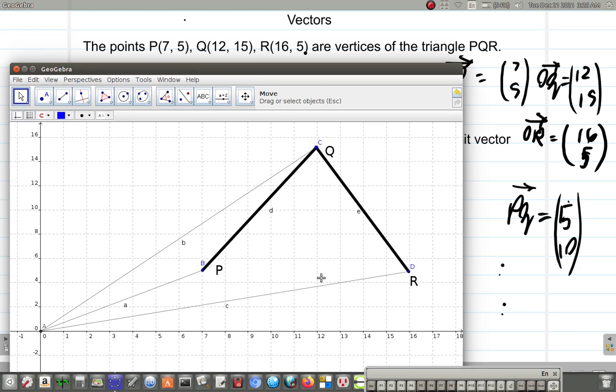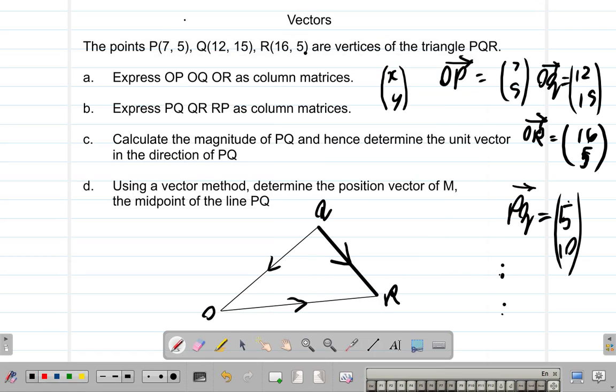You can see going from Q to R, you could have said you're going across 1, 2, 3, 4. It's 4 to the right, and 1, 2, 3, 4, 5, 6, 7, 8, 9, 10 down. It looks like 4, 10. But let's see what will happen.